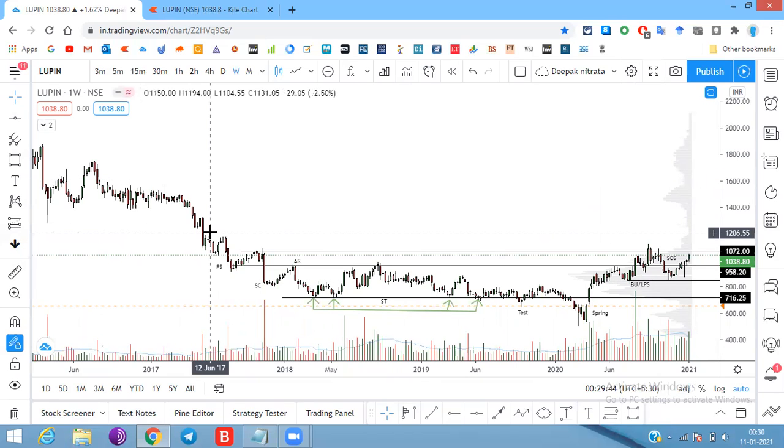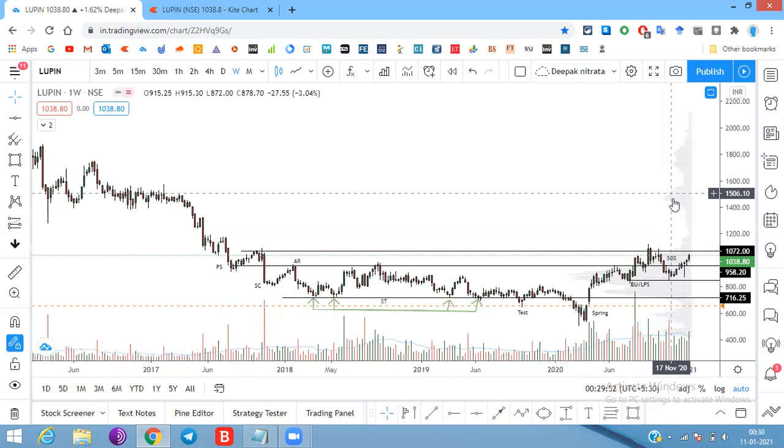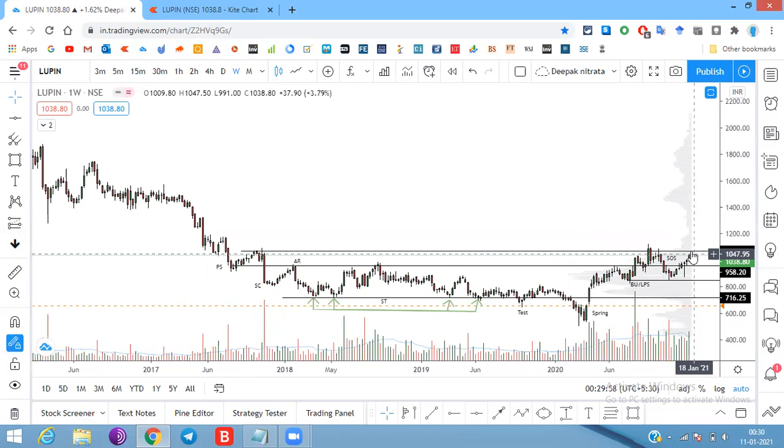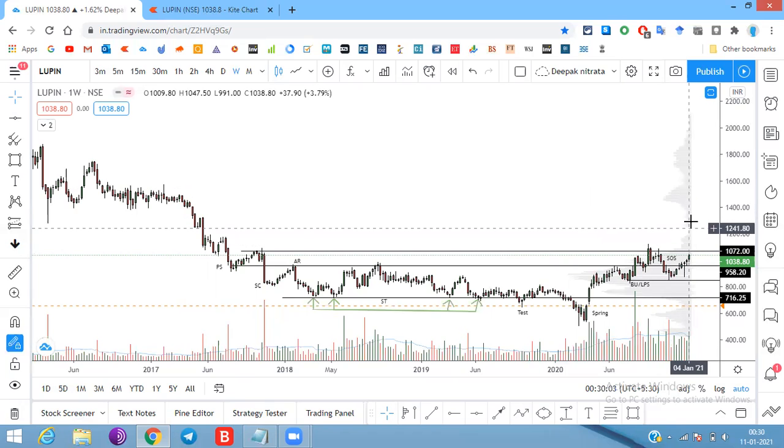Now the overhead resistance for this is here at the 1400s level, and if the breakout occurs, we can take some good profits in this trend also.